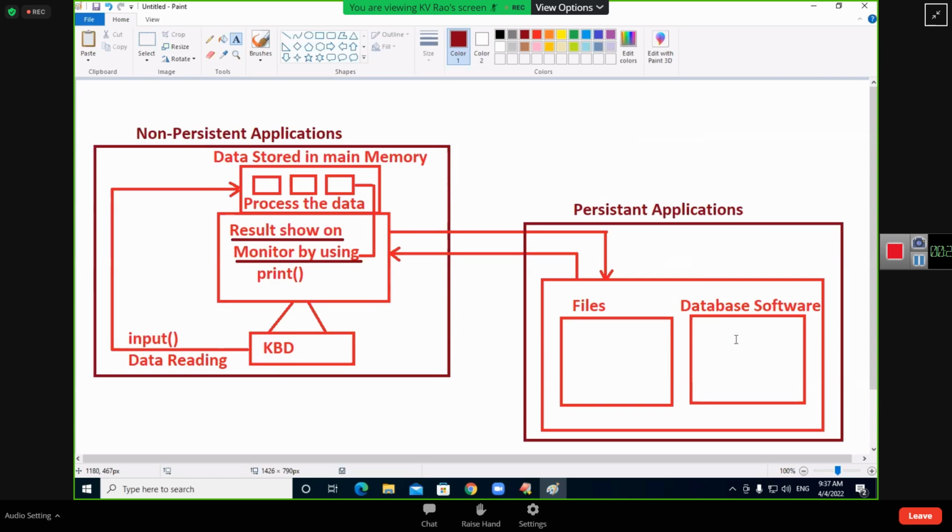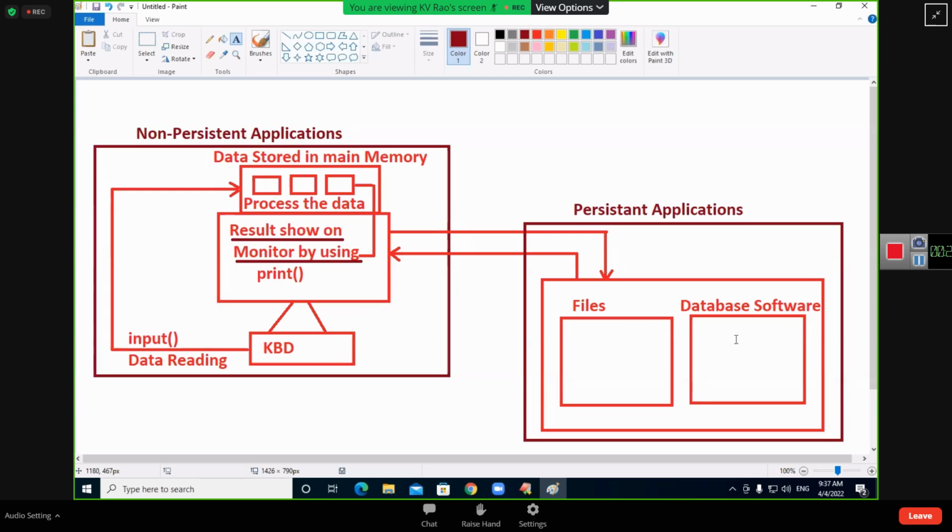Storing the data permanently. So irrespective of your background, I am talking from the zero level onwards. Non-persistent applications and persistent applications. The ATM application I said in the previous class is called what? Non-persistent, because its results are available only in the main memory. As long as the application is available, that is available. Once the application is closed, my results are also gone. Known as what?